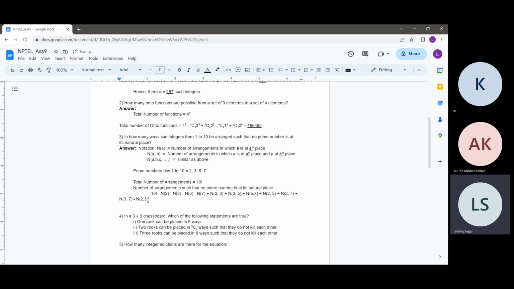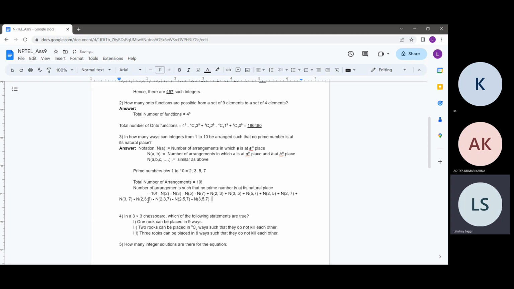So n of 2, 3, 5 and n of 2, 3, 7. There will be 4 triplets because 4C3 is 4. Then another triplet will be n of 2, 5, 7, minus n of another triplet, 3, 5, 7.